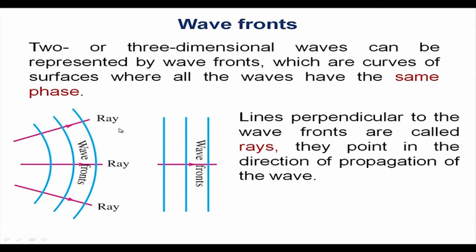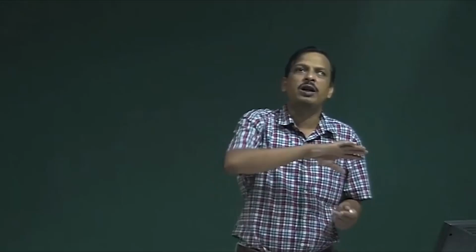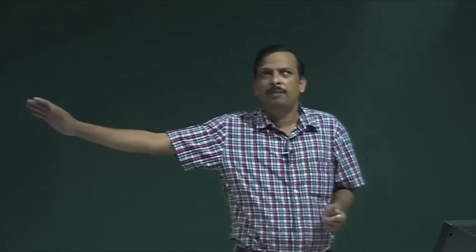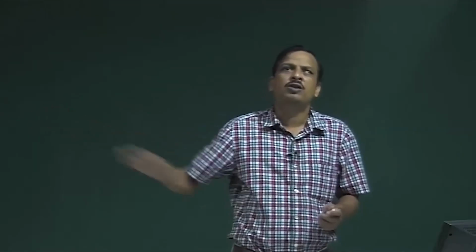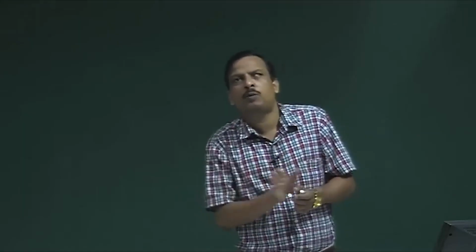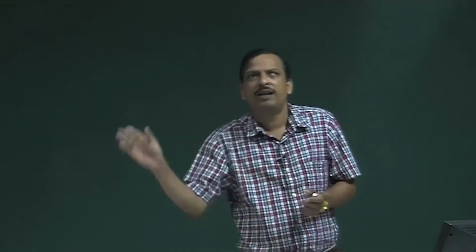As per the figure, the magenta line perpendicular to the wave front is called a ray. The ray direction is the direction of propagation of the wave. If you throw a stone in a pond, a wave is generated and propagates towards the bank of the pond. That direction of propagation is pointed by the ray.